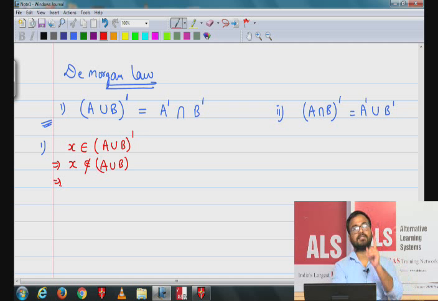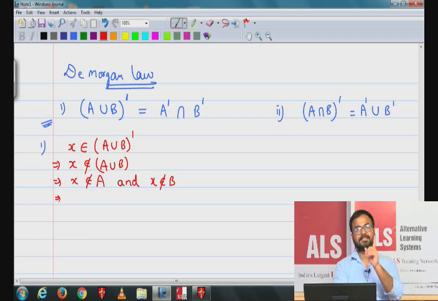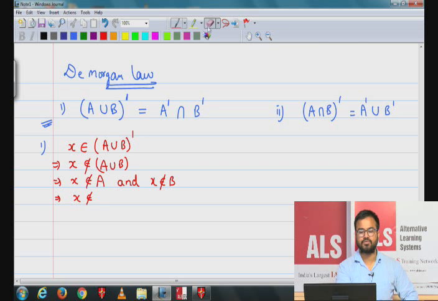And if x does not belong to A union B, I have told you when it does not belong, then the union will change to that intersection. So we'll say x does not belong to A and x does not belong to B. Now since x does not belong to A, it means we can say x belongs to A dash and x belongs to B dash.